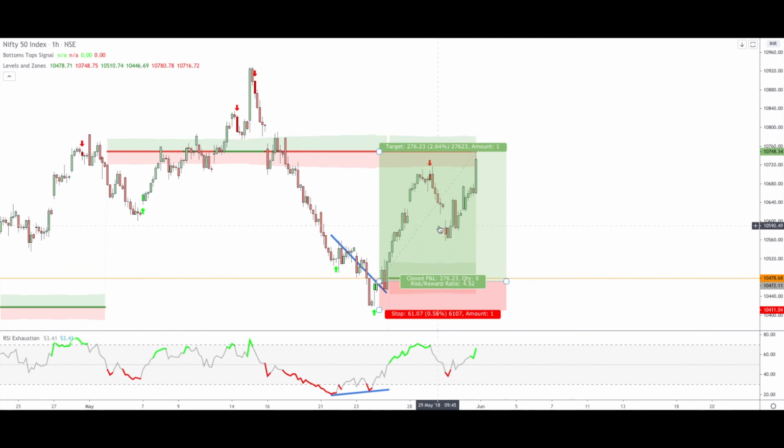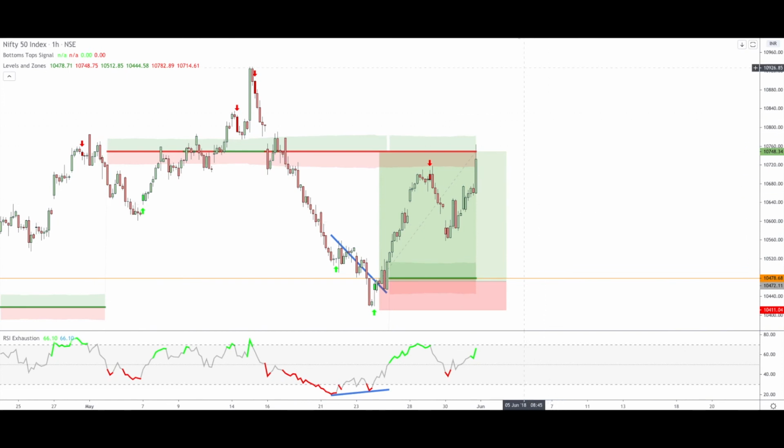How many beginner traders got scared down here because they said, oh, I'm going to lose my money, the price is going down, I prefer to close my trade and take maybe a 1x return, because if the price falls lower, I'm not going to make any money, I prefer to close now. And they ended up missing out on this amazing trade.